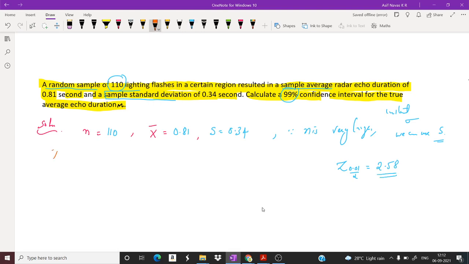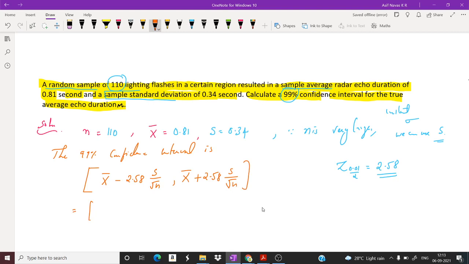So the 99% confidence interval is very easy. The interval is x bar minus 2.58 times s by root n, because here we have the sample standard deviation, to x bar plus 2.58 times s by root n.